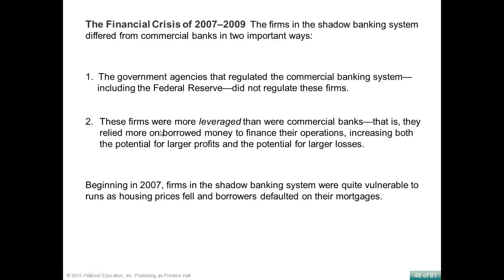That is, they relied more on borrowed money to finance their operations and increase the potential for larger profits, but also larger losses. The more leveraged a company is, the more risky it is. Beginning in 2007, firms in the shadow banking system were quite vulnerable to runs as housing prices fell and borrowers defaulted on their mortgages.